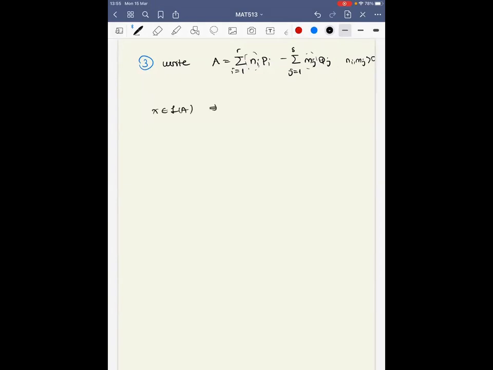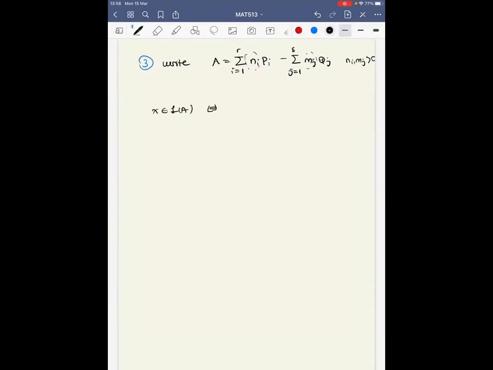Actually, we can see that this vector space contains functions with prescribed poles and zeros that appear in this divisor with non-zero coefficients.